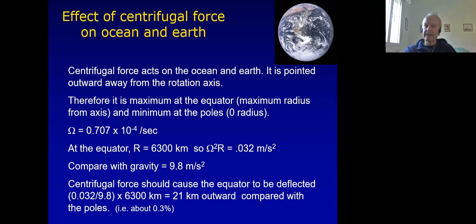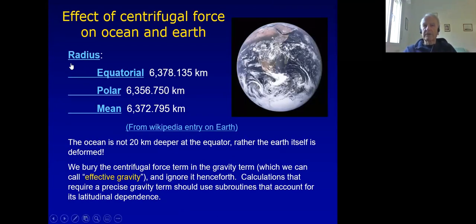But this difference between these two is only about 20 kilometers. So the radius at the equator is 6,378 and so forth, while the polar radius is 6,356. And the mean radius of the Earth is this thing here. This is from the Wikipedia entry on the Earth.